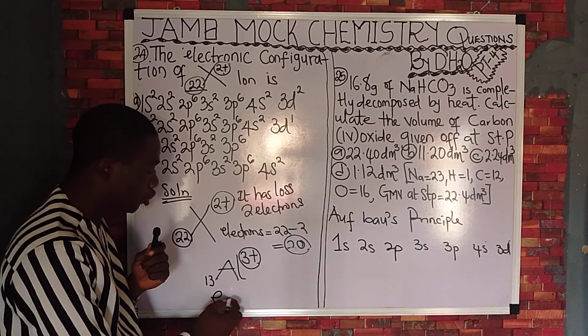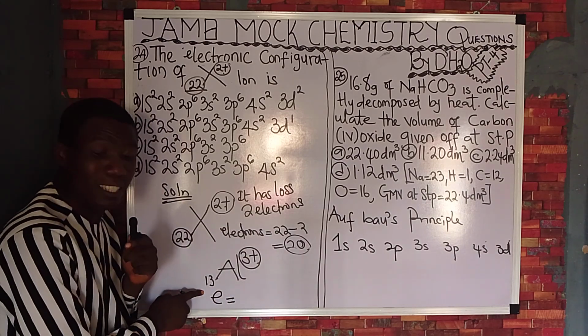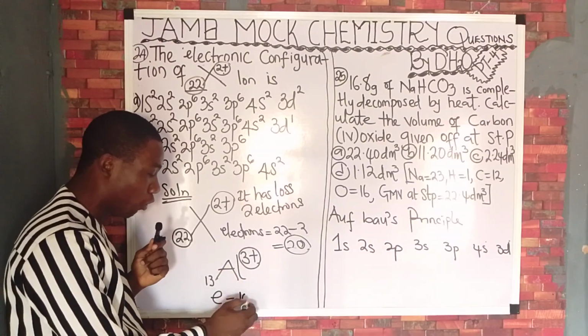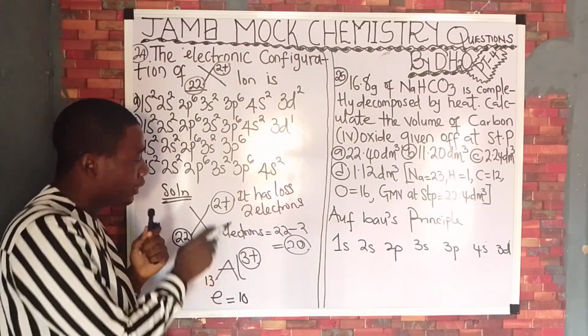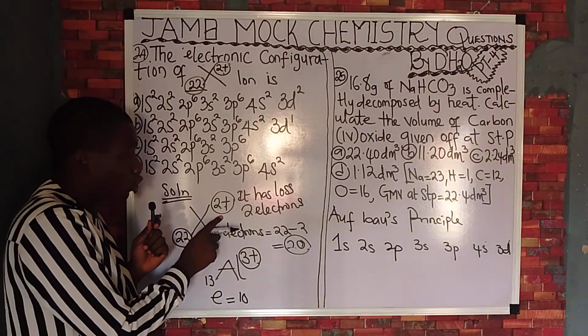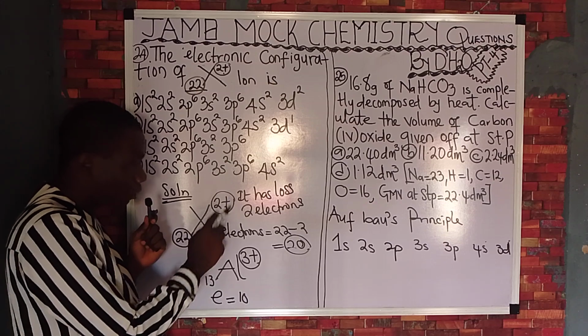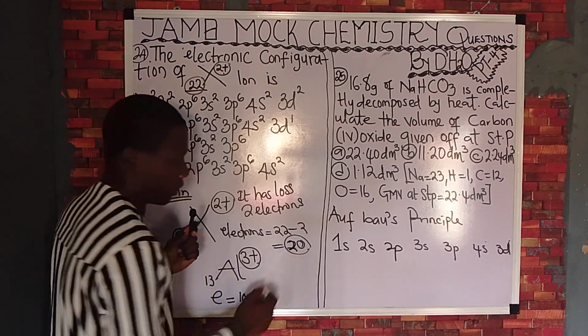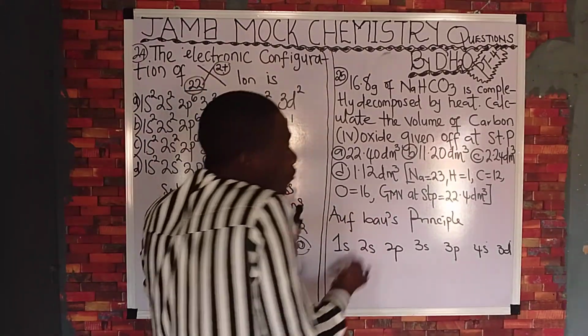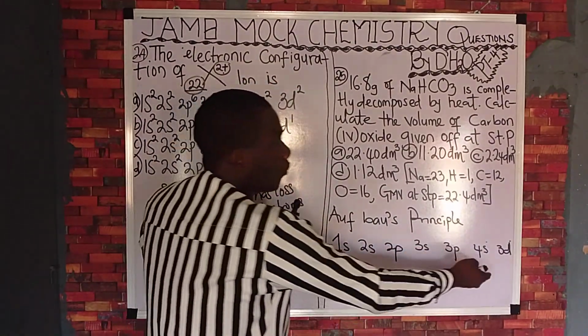So the number of electrons will be 13 minus 3, which will give us 10. As for this particular question, it was supposed to be 22, but because it has lost 2 electrons, it becomes 22 minus 2 to give us what? 20. So we are going to arrange 20 electrons according to the energy levels of the atom, the SPDF notation.